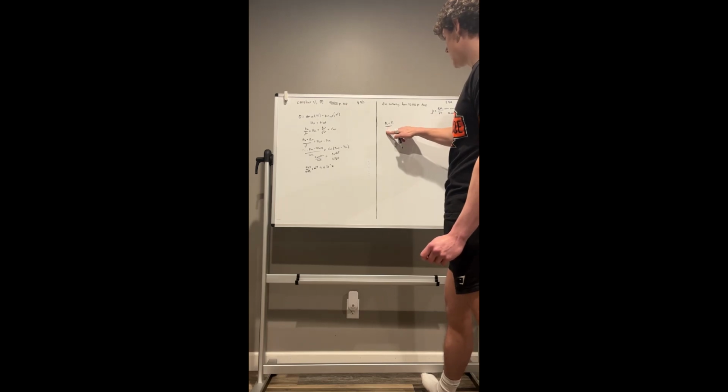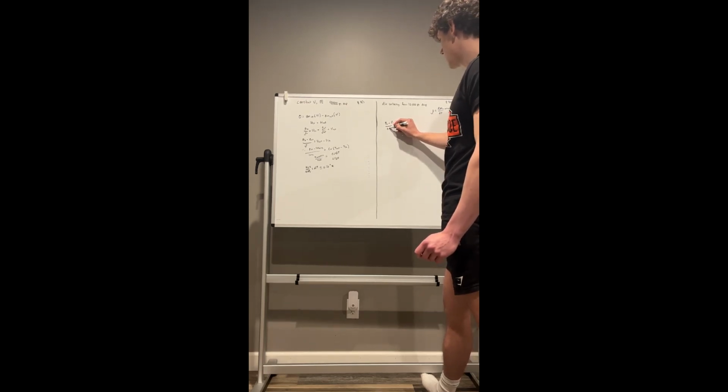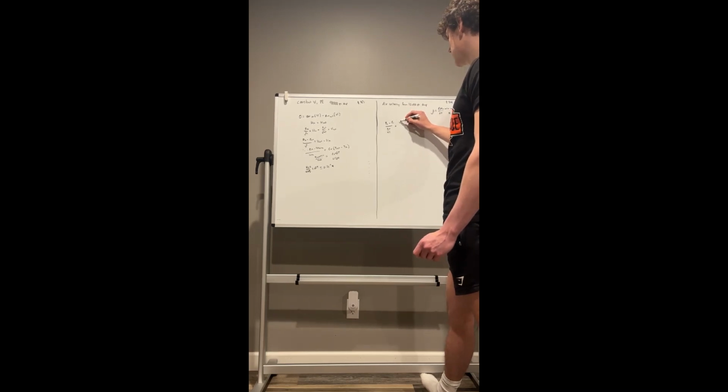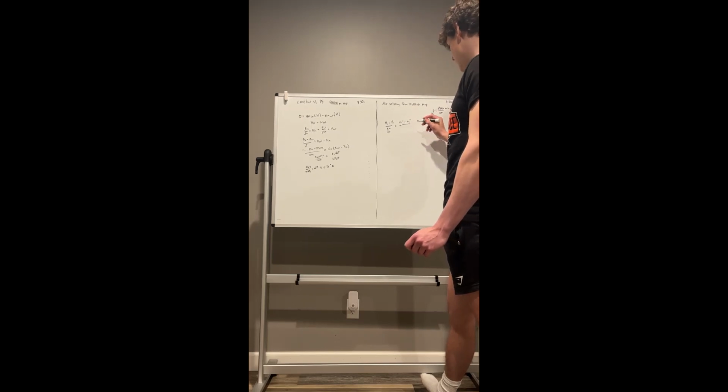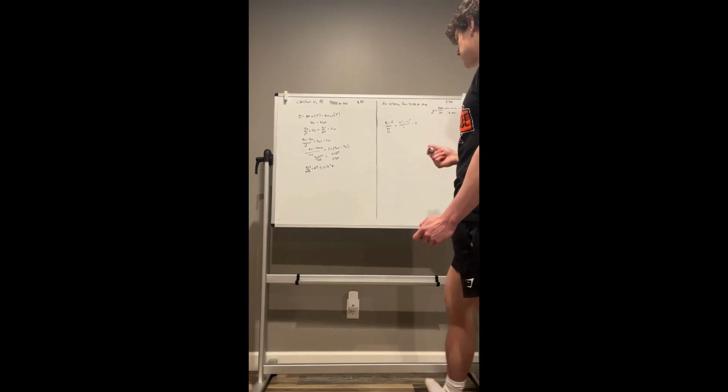So we'll replace that now. PM over RT plus V2 squared minus V1 squared over 2. That will be equal to 0.